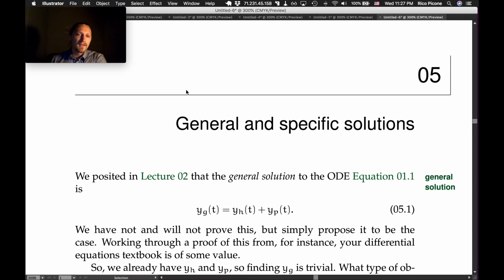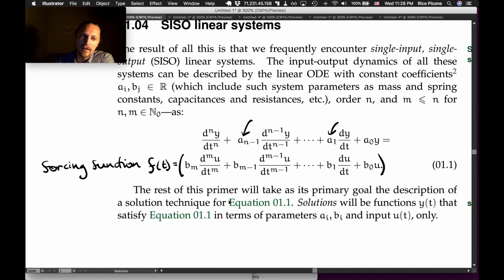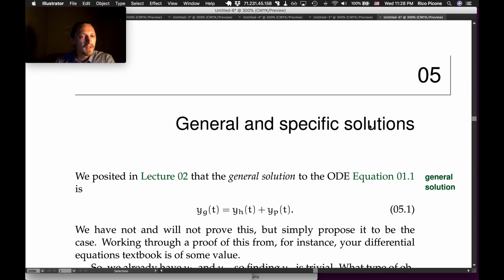So anyways, general and specific solutions. We posited in lecture 2, which for me was this morning, that the general solution to the ODE of equation 1.1, let's flip back there, this guy, right? Same equation we've been dealing with the whole time, is the homogeneous plus the particular solution.